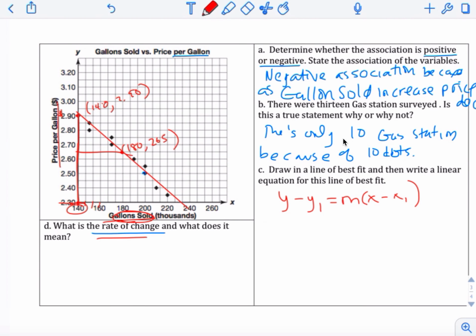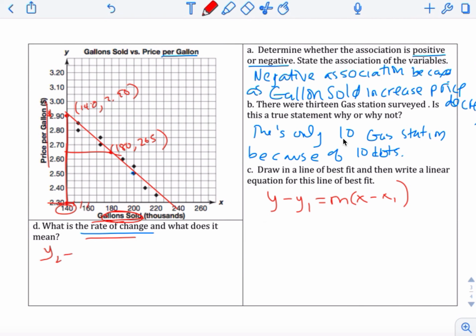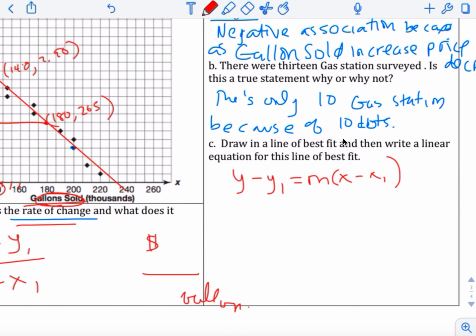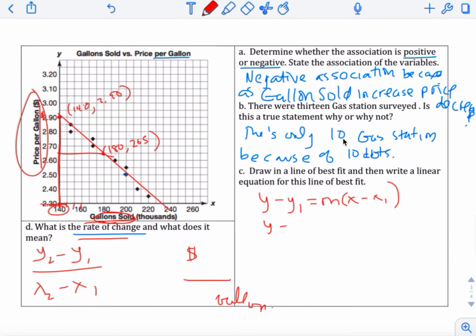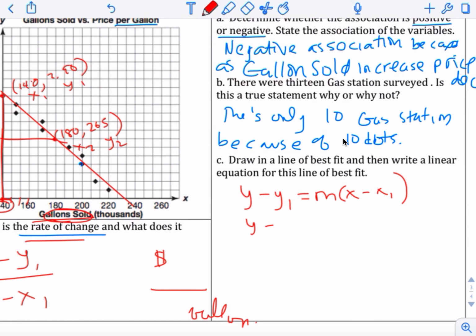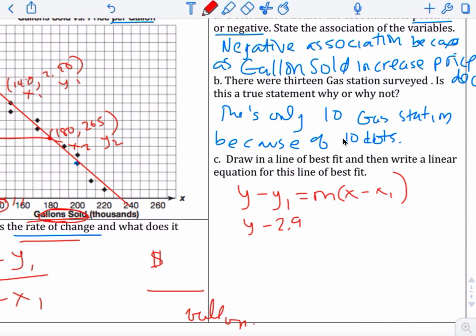So find the rate of change, which is y sub 2 minus y sub 1, and all the y's are the price, and x sub 2 minus x sub 1 is gallons. 1 gallon. Then y minus y sub 1, x sub 2, y sub 2. And then you guys finish.